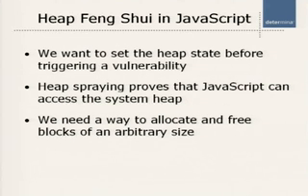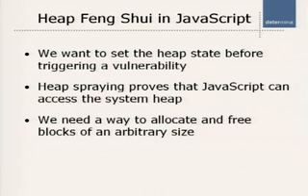So we want to do this in Internet Explorer, and we're going to use JavaScript to do it. Heap spraying already proves that JavaScript strings go on the standard Windows heap without being modified in any way. So it proves that we can allocate data on the heap that a lot of other pieces of Internet Explorer use.